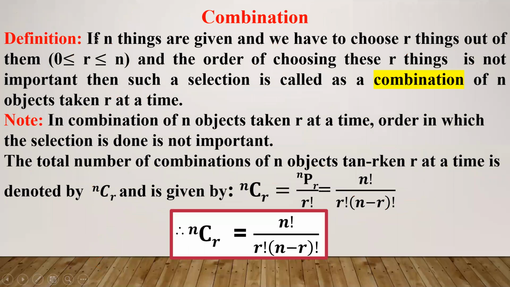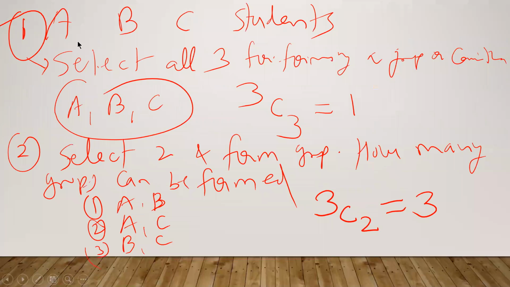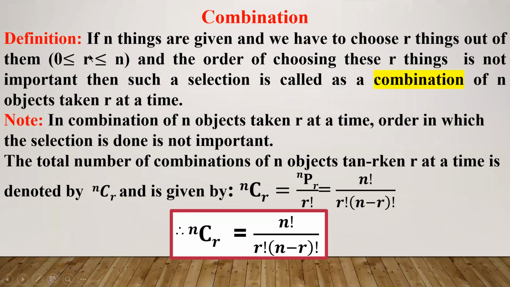The definition is, as I told you, in mathematics, whenever we write a definition or a formula, we always use letters. Before starting with the definition, I took an example and tried to explain it. I have taken a small example where there are 3 people, but in general there can be 4 people, 5 people, 10 people, 100 people, right? So I will write a general definition.